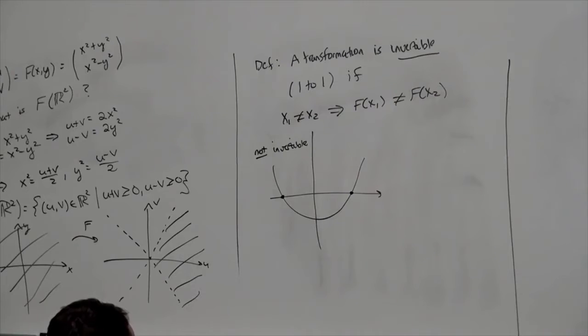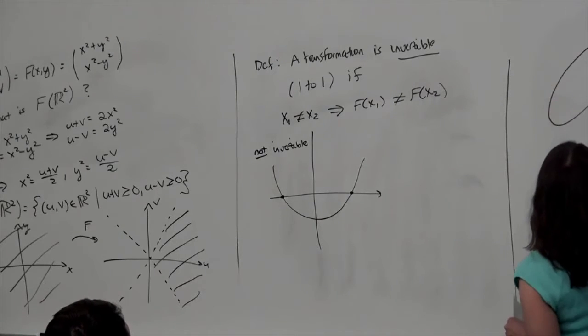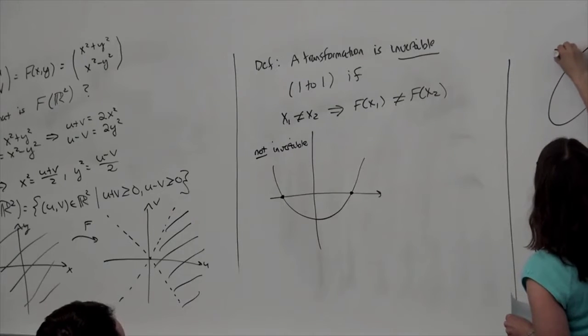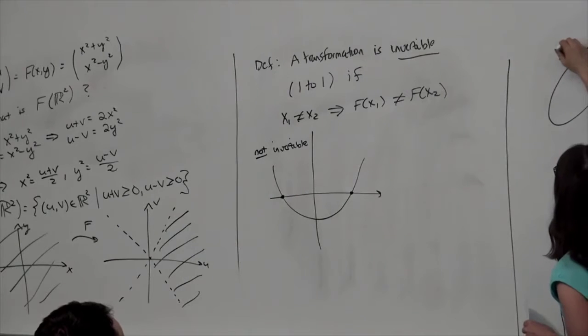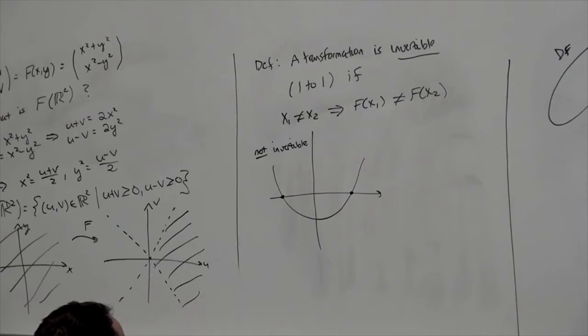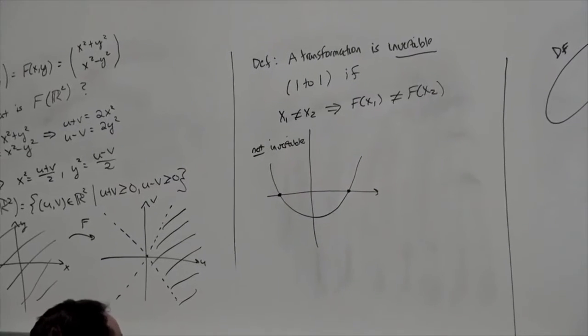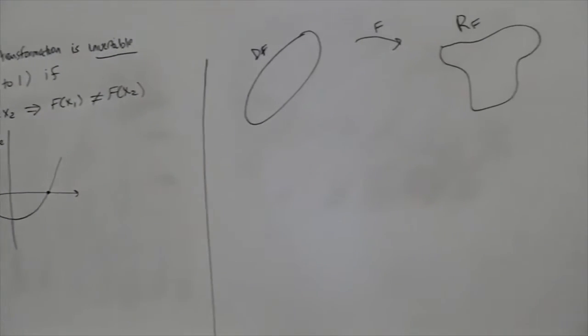Okay, so another way of thinking about this is, say here is my domain of f. I guess I call this capital F. Here is my range of f. So these are all the values that we can reach. That's the range or the image.